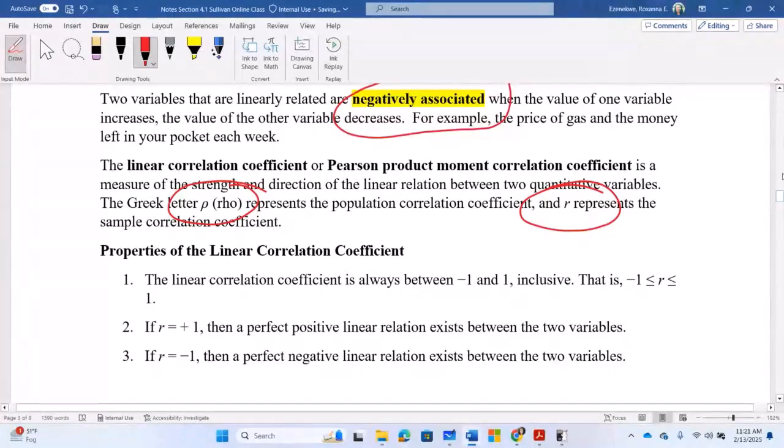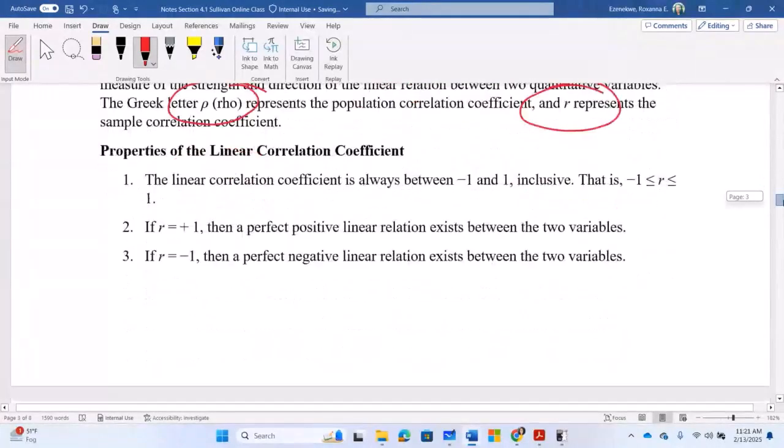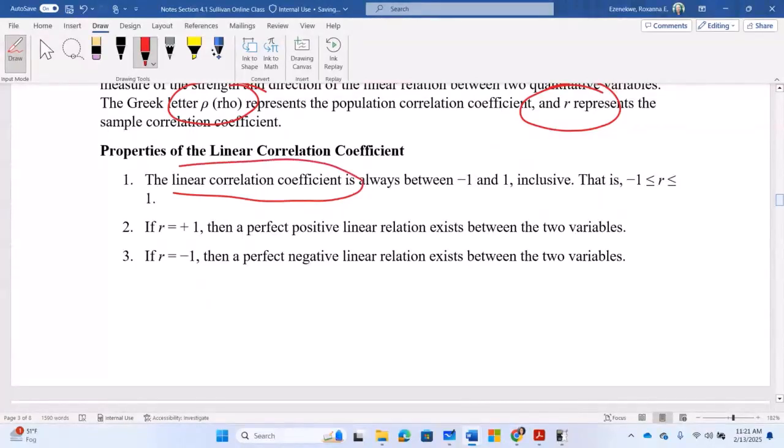So let's talk about the properties of coefficient of correlation. The linear correlation coefficient, which is R, is between -1 and 1. In other words, R can be equal to -1, and whenever it is -1, we say perfect negative linear relationship.